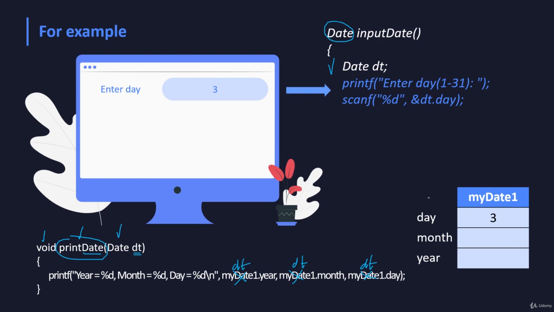And what we are going to do is print to the screen, enter day, from 1 to 31, for example. The user is going to write down 3 and hit enter, and then we use the scanf function to read this value using %d, since we know it's an integer, and to store it inside of dt.day.